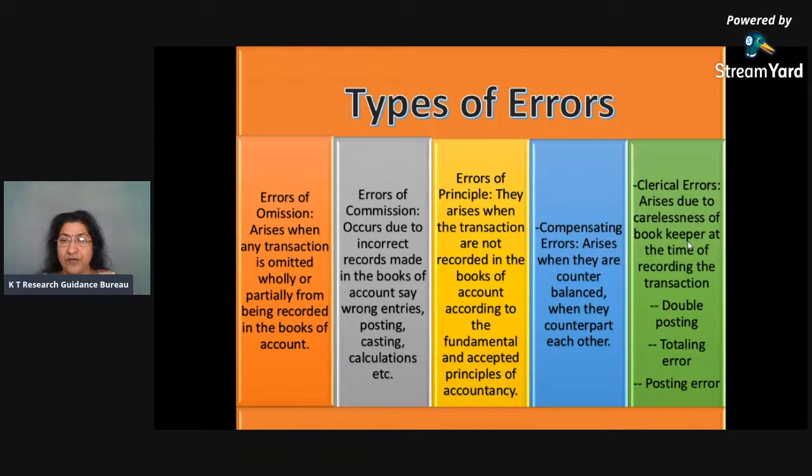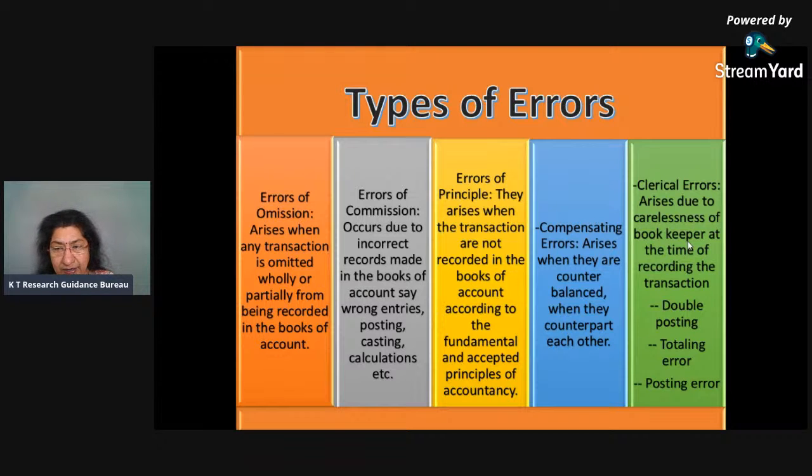The next type of error is clerical error. This sort of error arises due to carelessness of the bookkeeper at the time of recording the transactions. Suppose he entered one transaction twice.